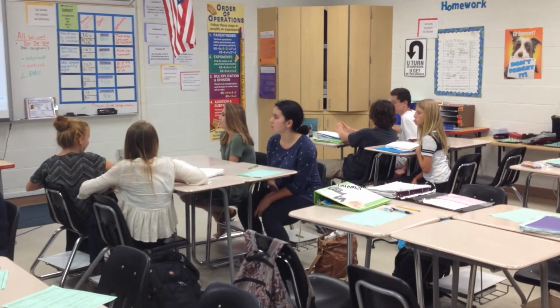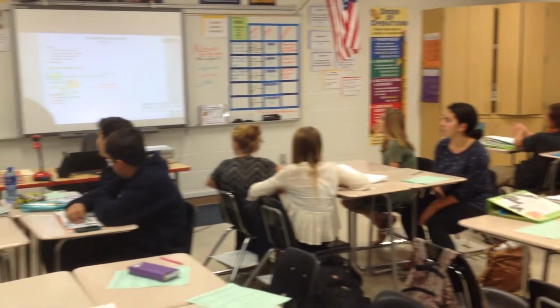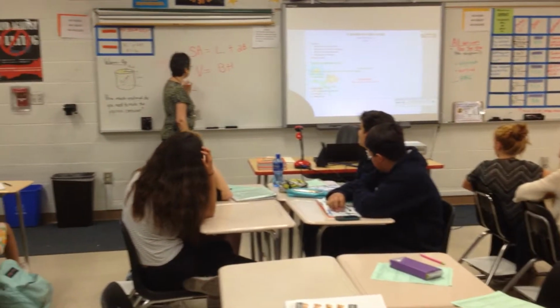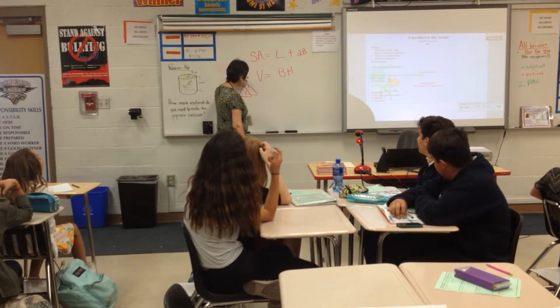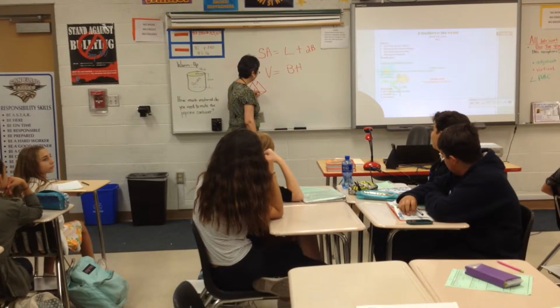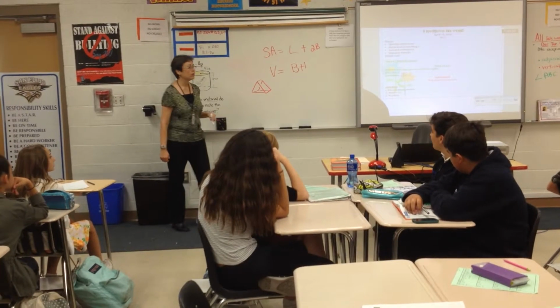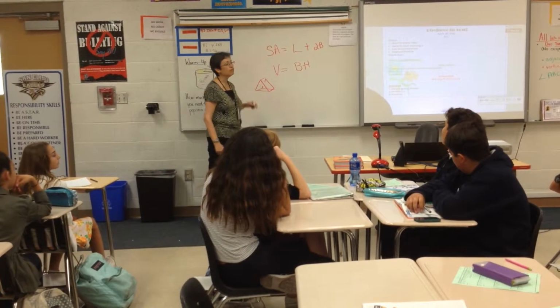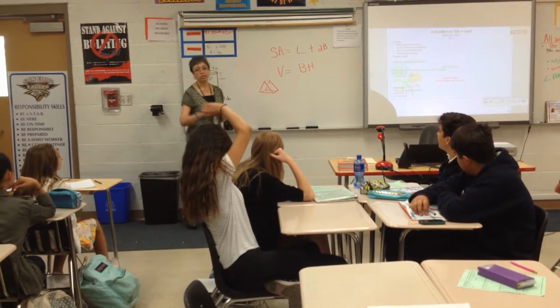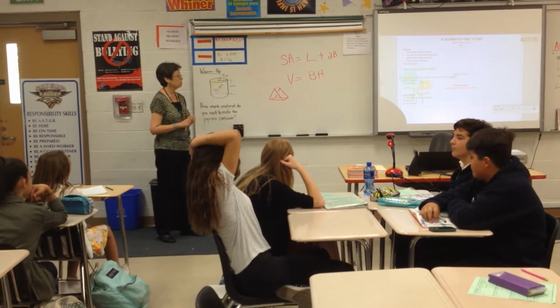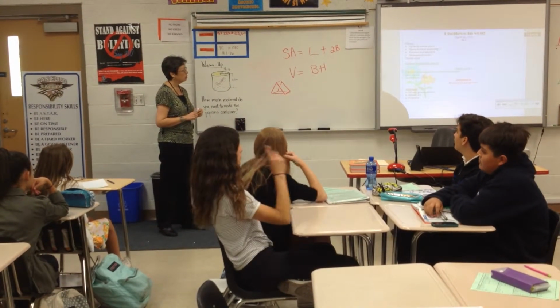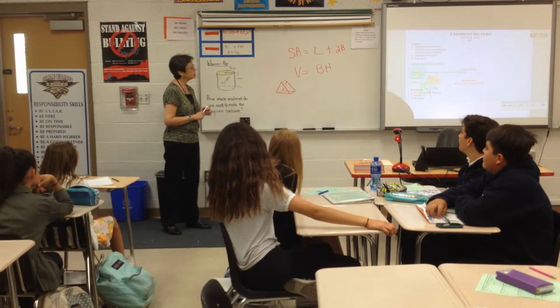Okay, and what is this shape right here, guys? Triangle. Triangular prism. Thank you, it's a triangular prism. Okay, and what are we going to be looking for when we're solving for the surface area? What are we going to do? Yes, Gabby. Half base times height times 2, plus the lateral.